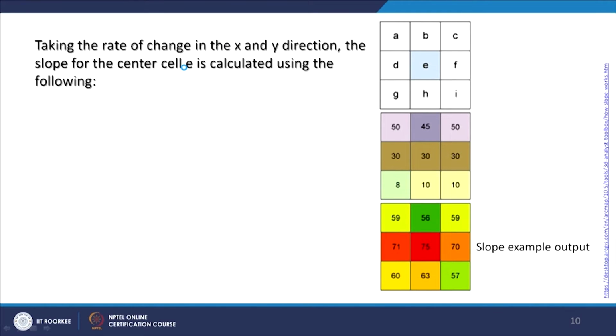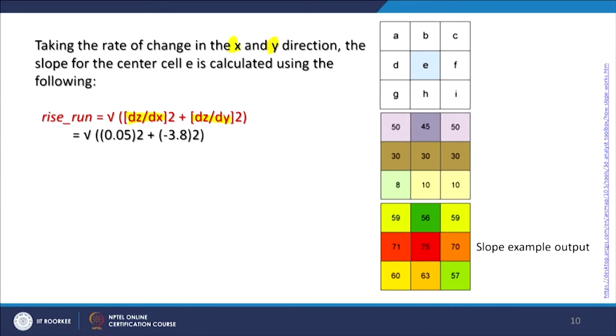Taking the x and y directions together, the slope of the center cell is calculated using the following formula, same concept, rise over run. We calculated dz by dx as 0.05, whereas dz by dy, as we saw in the earlier slide, is minus 3.8.